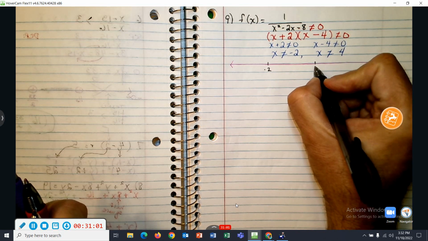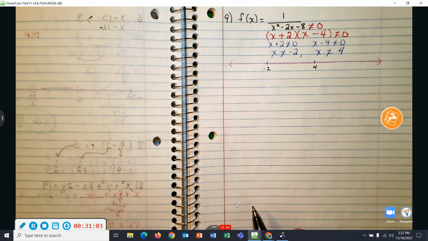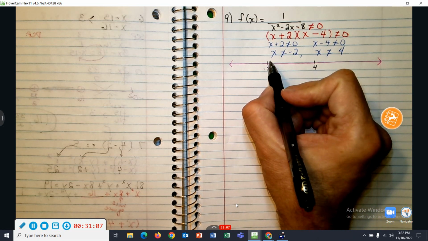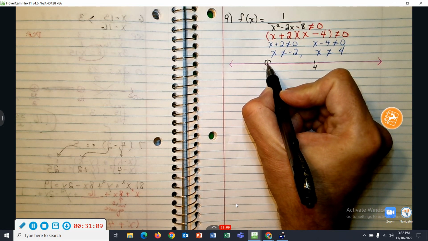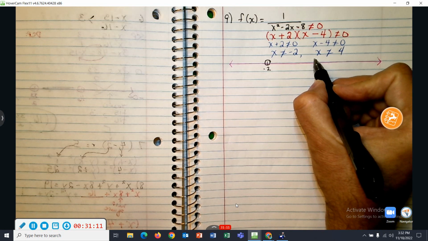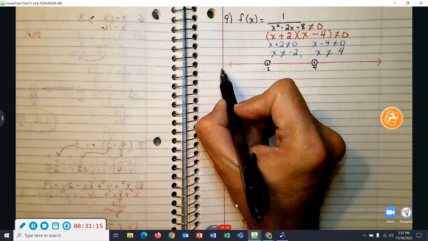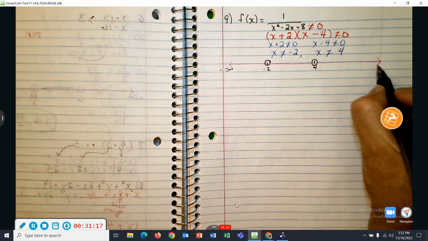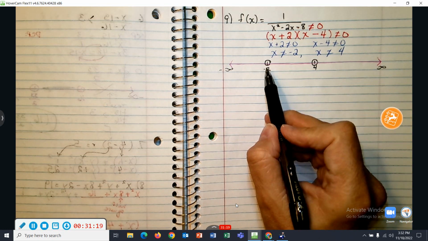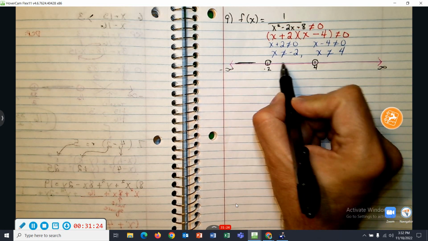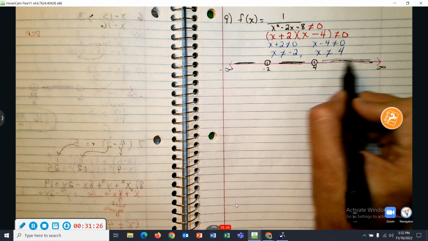We write it out in interval notation, and open circles mean not included. To say everything from -infinity to infinity, excluding -2 and +4, interval notation would look like this.